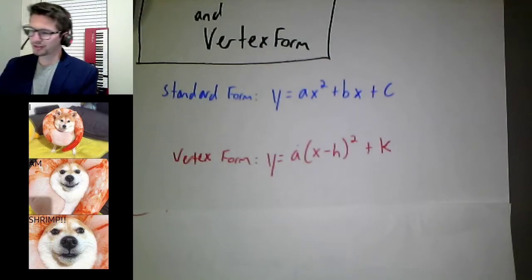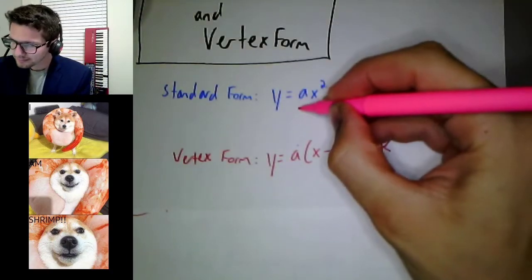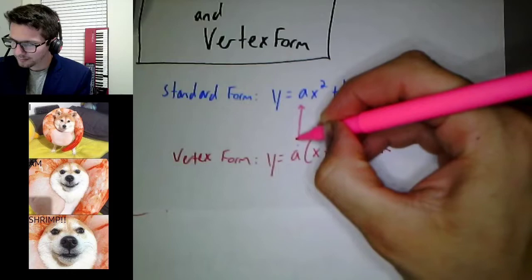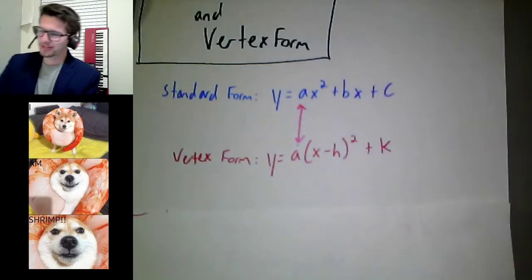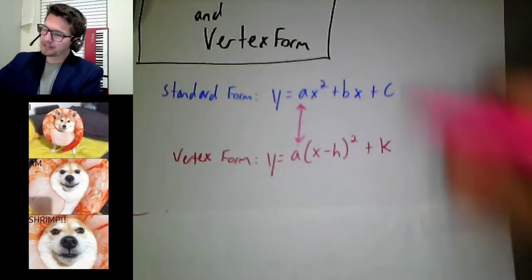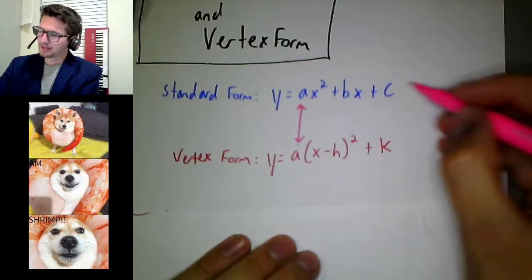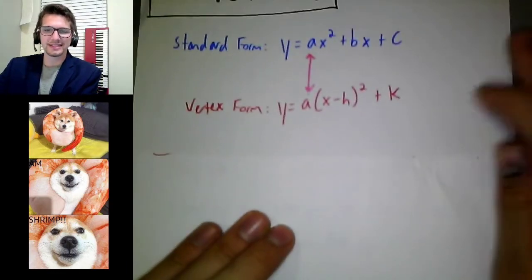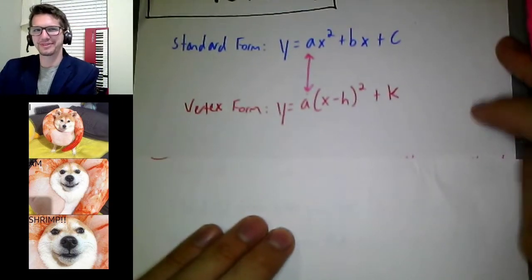One thing I would like to draw your attention to is that they've both got the same a. Something kooky going on with these is that there's actually not a difference between them.